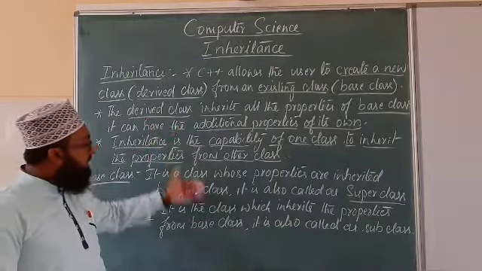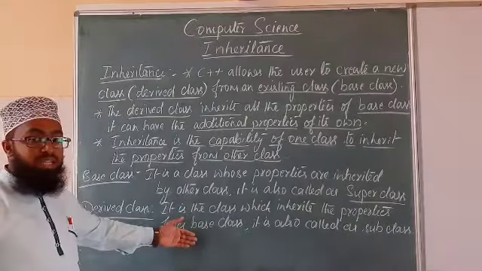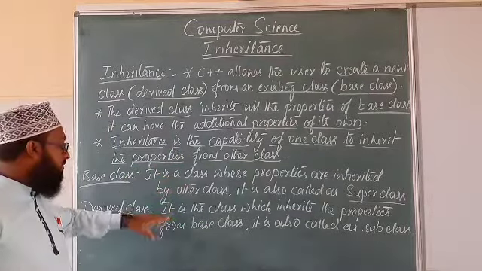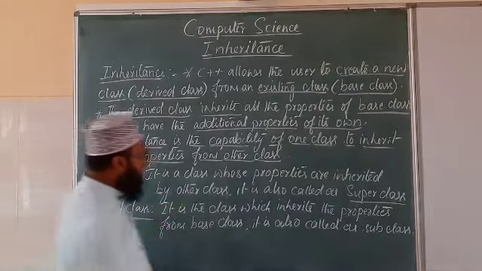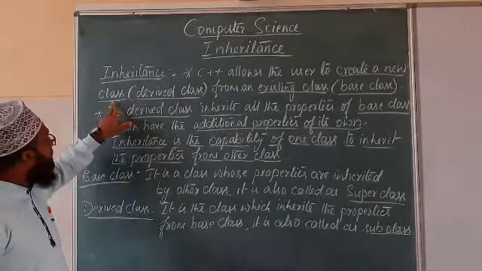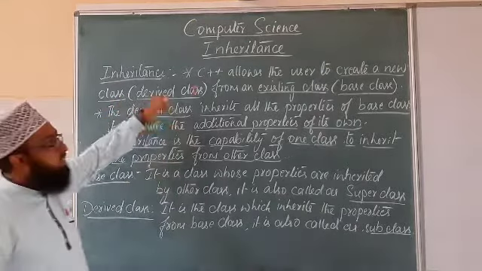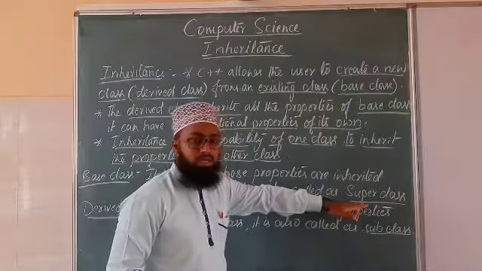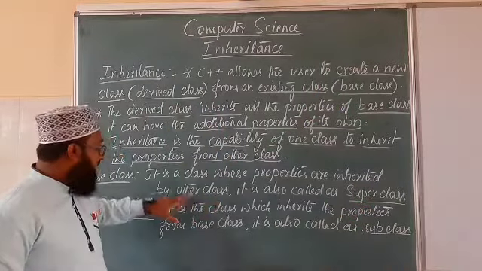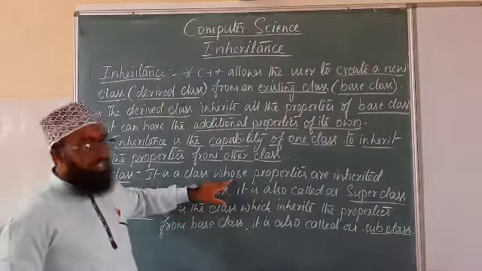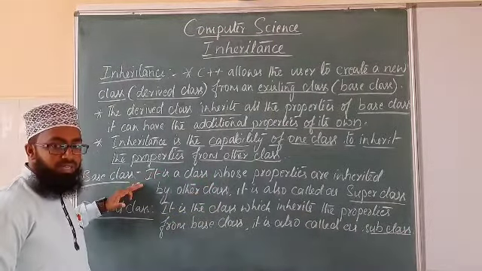So this is regarding inheritance, the base class and the derived class. The derived class is also called as subclass, which is a new class. The existing class, the base class, can also be called as superclass, because other classes, meaning derived classes, can inherit properties from the base class.